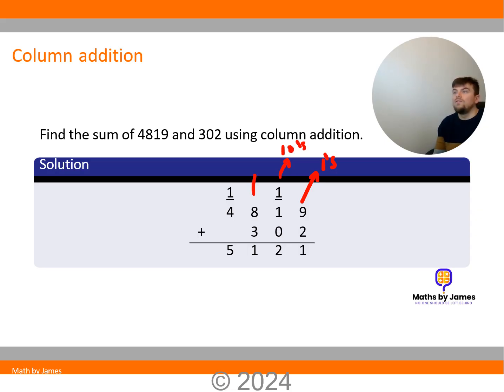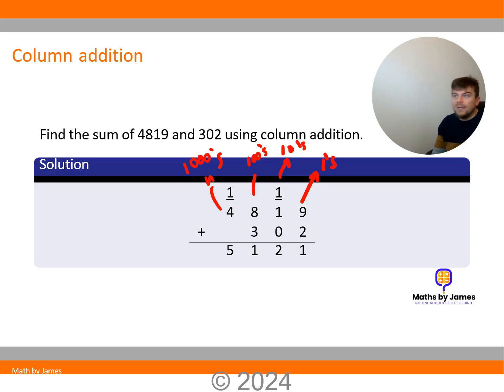Here we've got our hundreds. And here we've got our thousands. And it's really important that we line these up, especially when we need to carry over, when our ones overflow and we need to start putting them into the tens column.